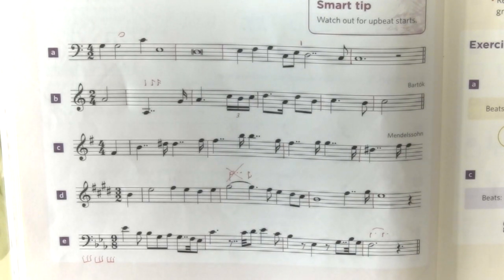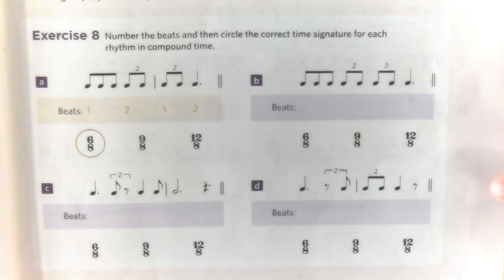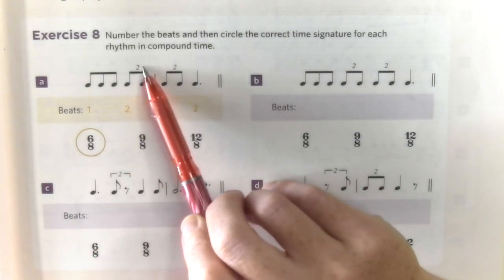Now, we can move on to exercise 8 that talks about an irregular amount of notes in compound. In compound time, 3 items make a movement because it's compound. So 2 items would not fit, and we need to put a duplet, a 2 sign.